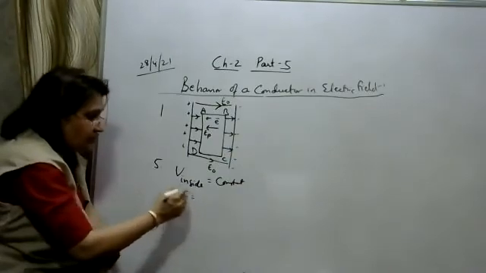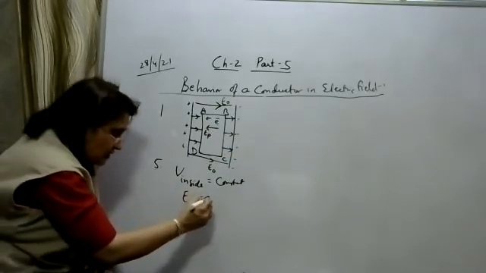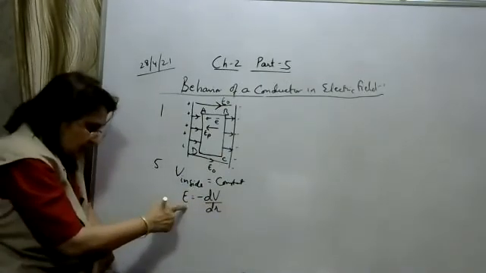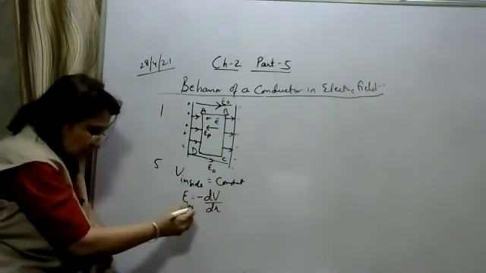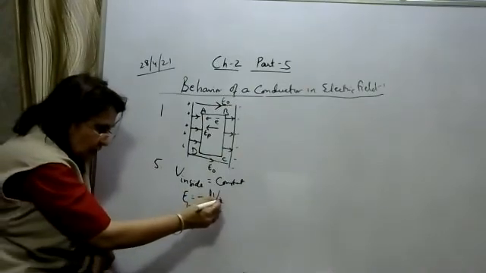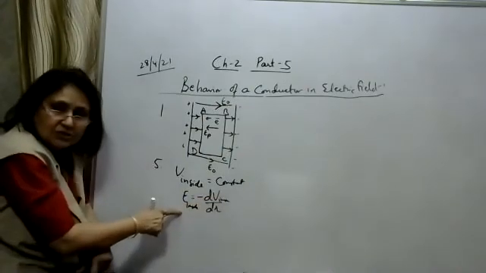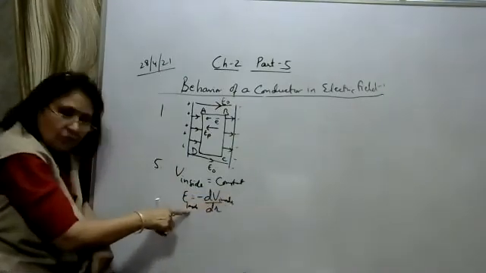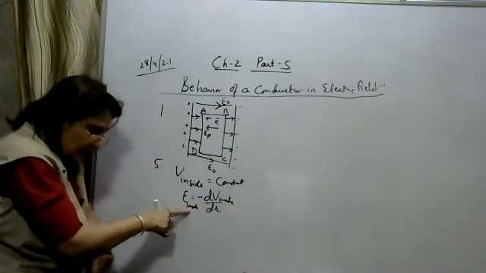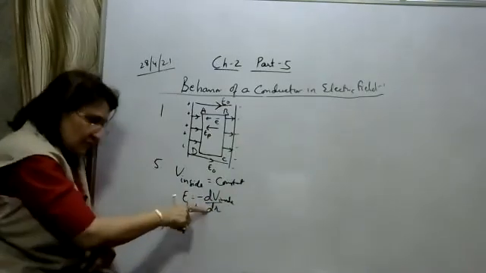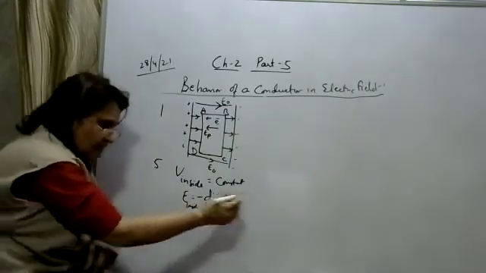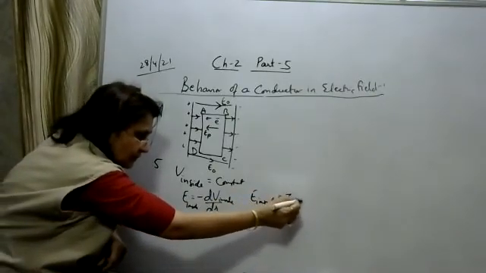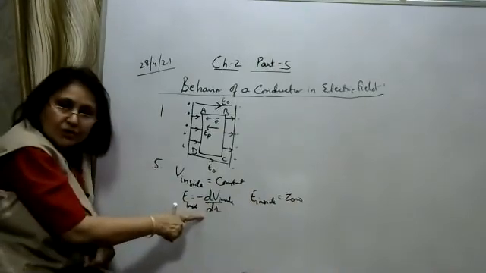And how is the electric field related to the potential? E is equal to minus dV by dr. The electric field inside is 0, so the differentiation of a quantity is 0.